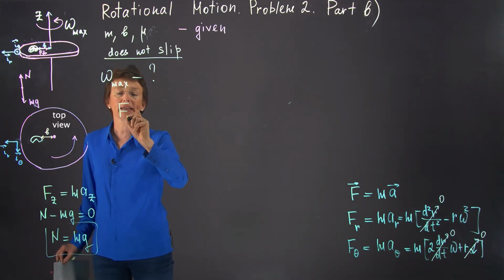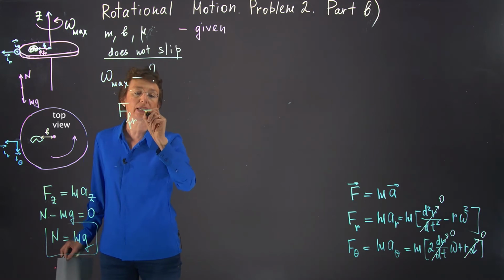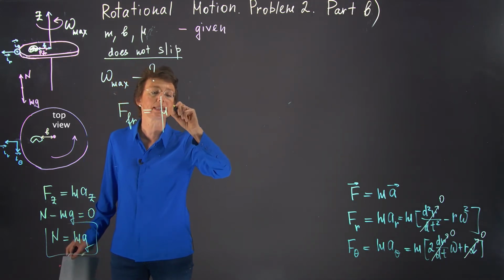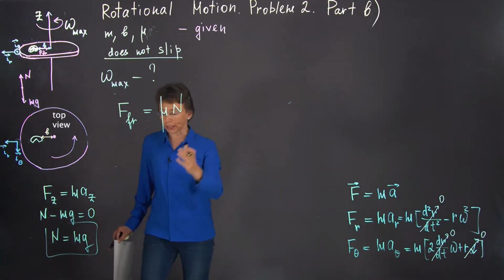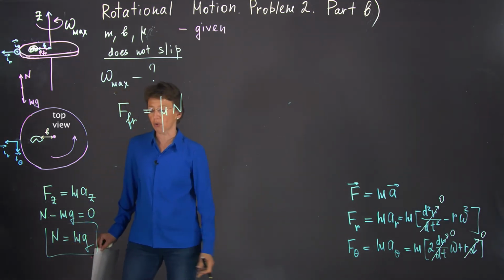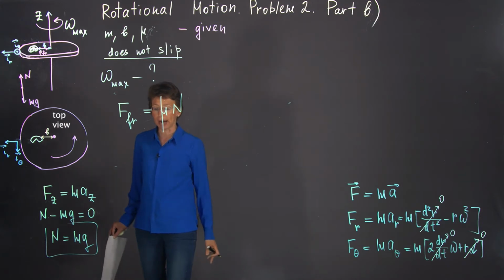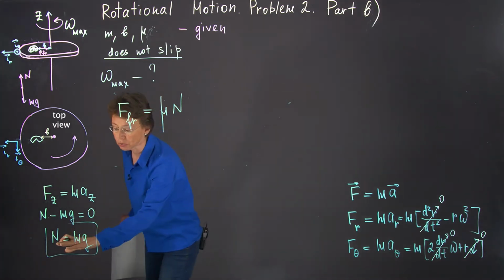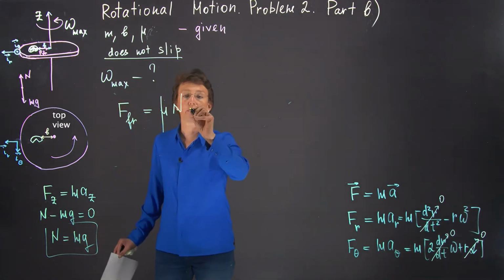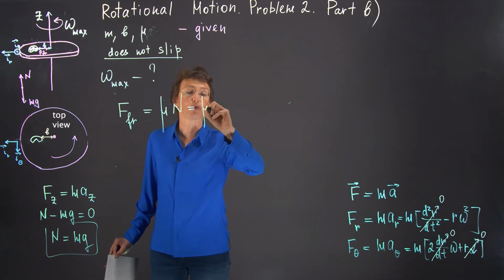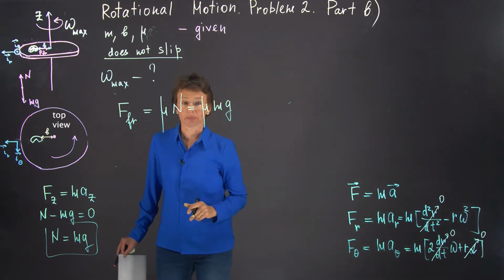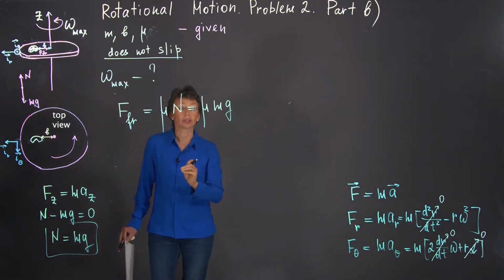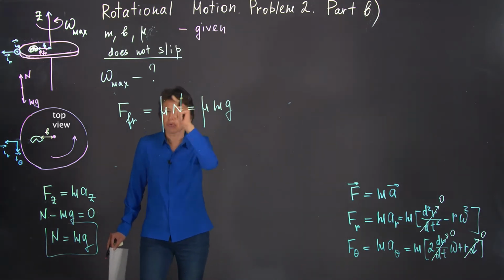So the magnitude of the force of friction is equal to mu static times the normal force. We already know the normal force. We found it in part A. Normal force is mg, so the magnitude of the force of friction is mu mg.